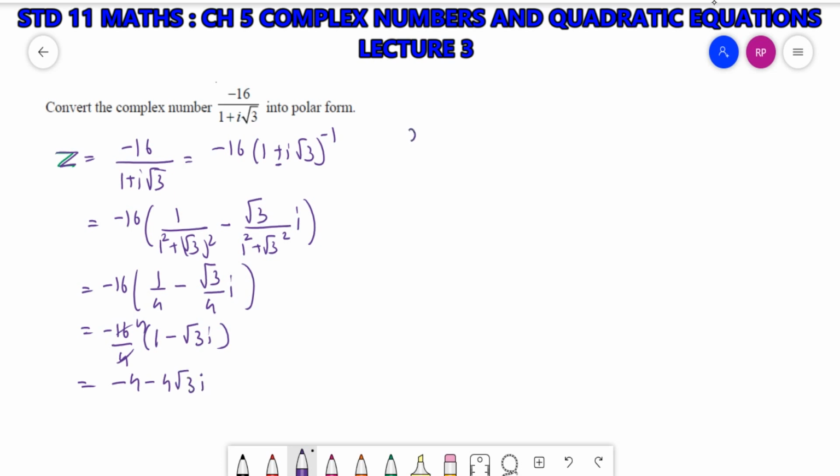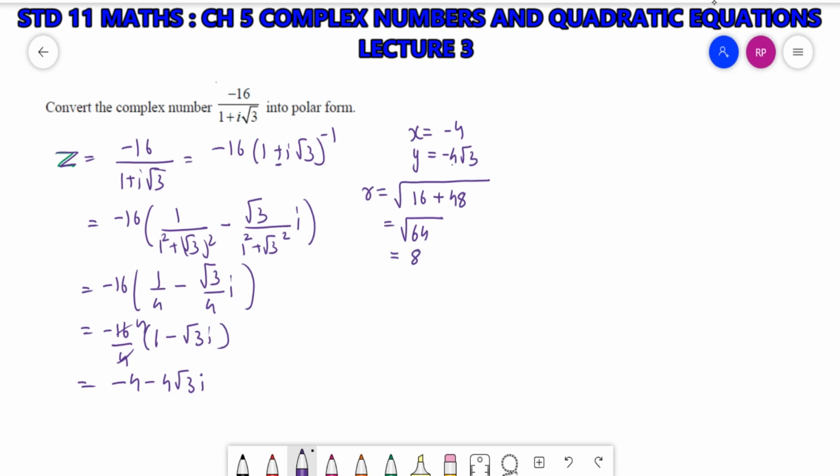So what is our x? Minus 4. And y is 4 root 3. Clear? So r, the modulus, is equal to the square root of minus 4 square, that is 16, plus 4 root 3 square, so 16 into 3 is 48. This will be equal to the square root of 64, and that is equal to 8.